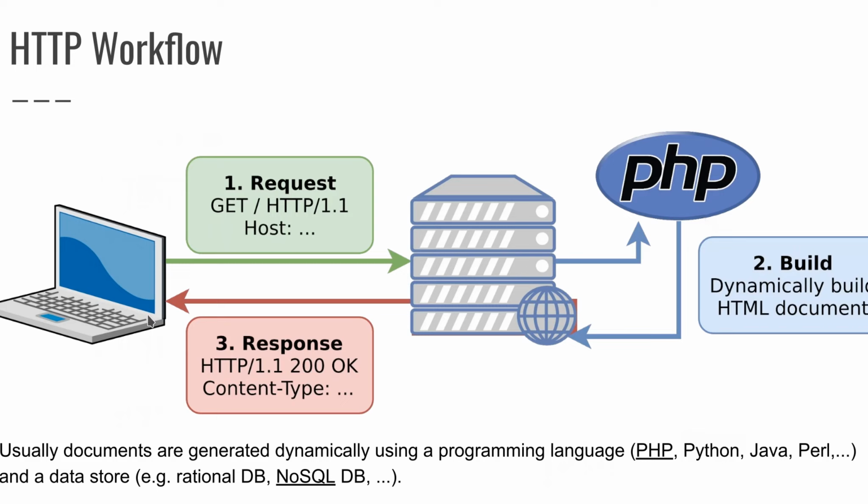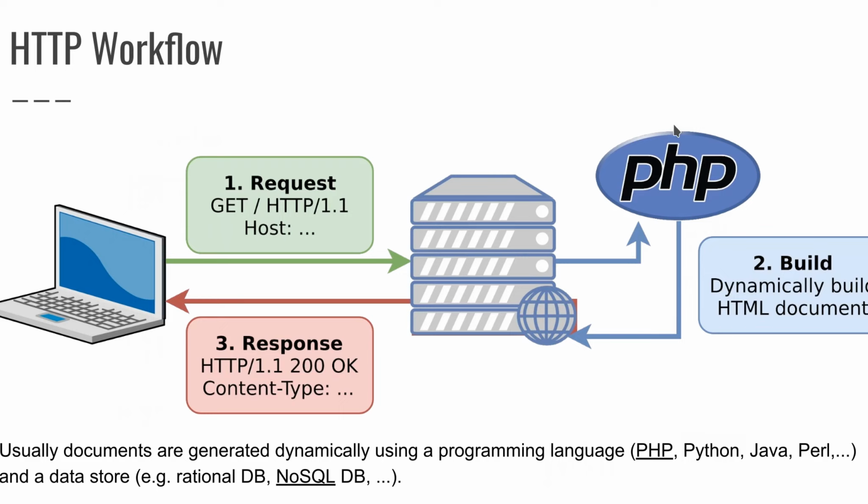The web server delivers it via TCP/IP to the browser, and then the browser displays it. This backend is usually some sort of dynamic programming language. This could be PHP, for example. It can also be Python or Perl or Ruby or Node.js or Java.